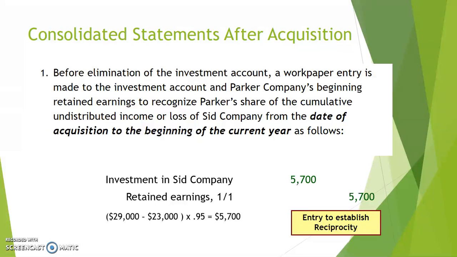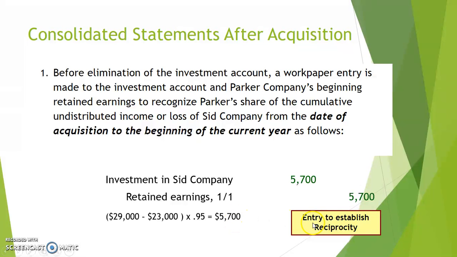The $29,000 is the beginning retained earnings of the current year. The $23,000 here is the retained earnings at the date of acquisition. And the difference between 29 and 23 is 6. That is multiplied by the 95% interest in the company, giving us $5,700.